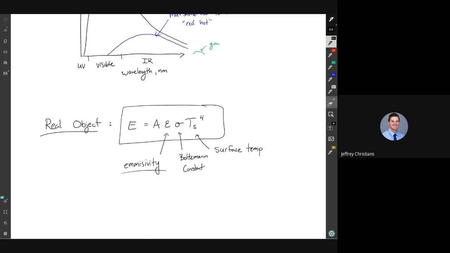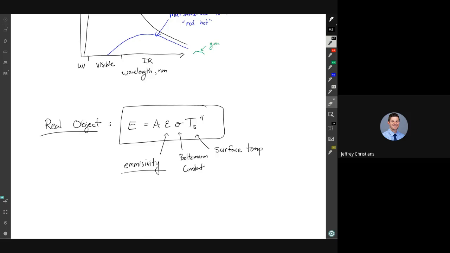The emissivity, epsilon, is a material property related to how black it is, right? And black meaning it doesn't necessarily have to look black, just how well it emits. Something that is perfectly black across all wavelengths of light would have an emissivity of 1. We call that a black body.